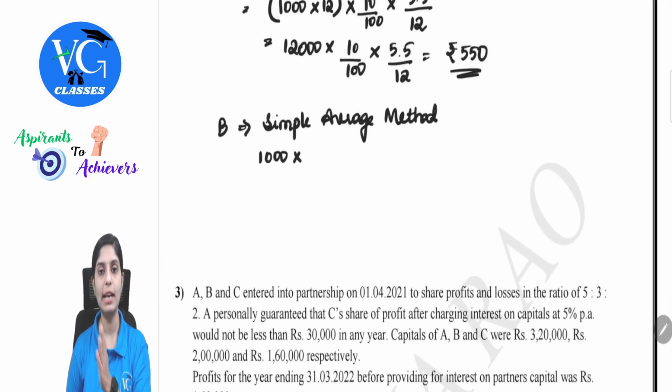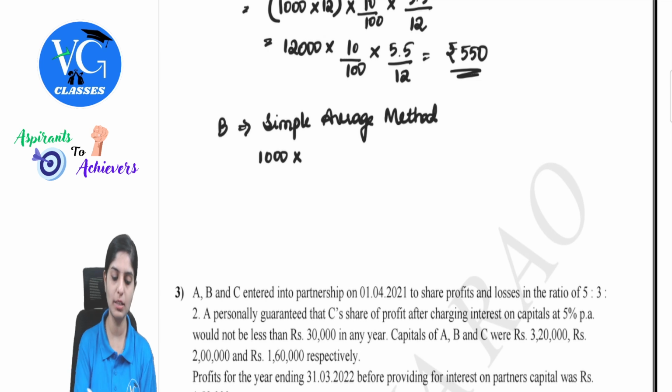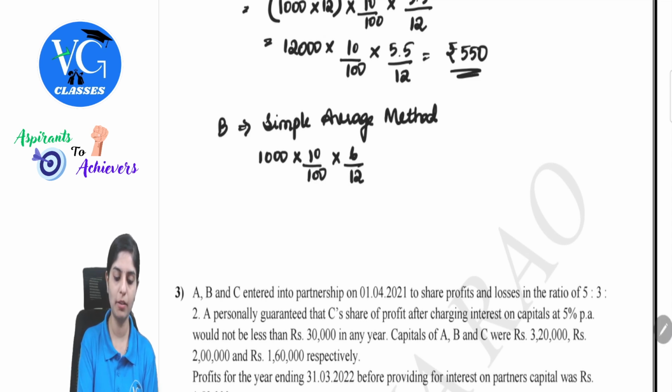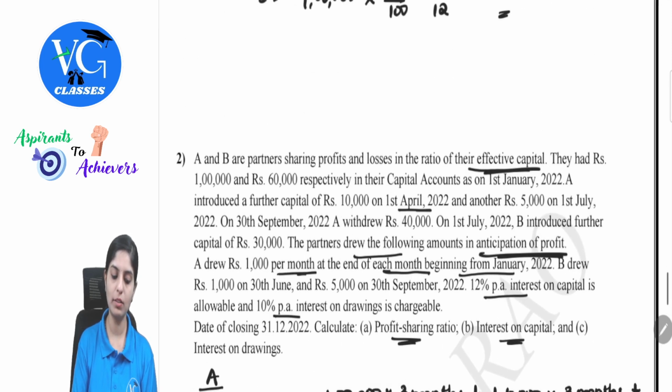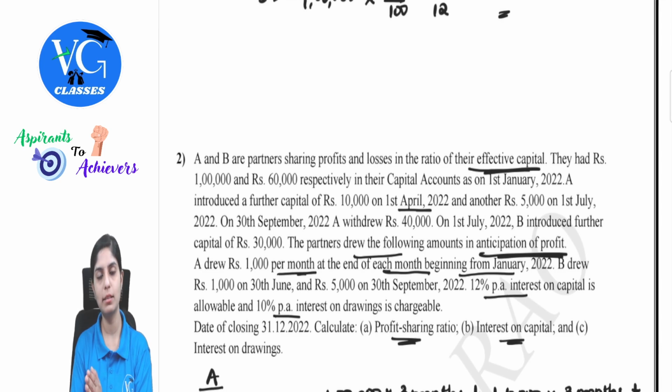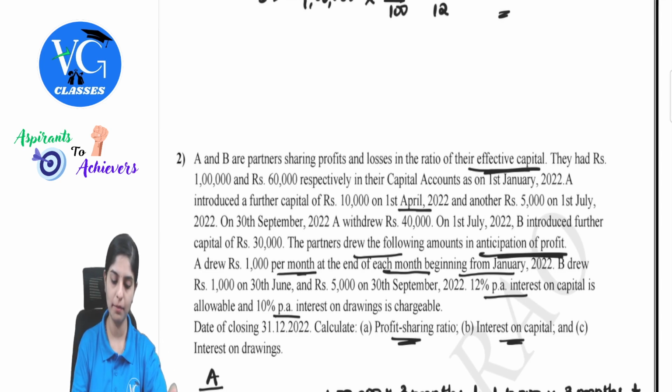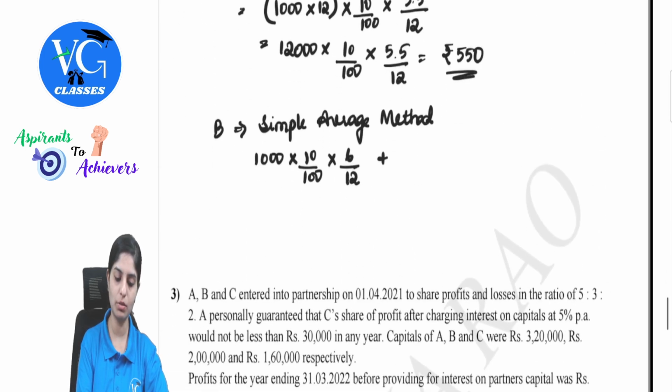From 30th June until 31st December, how many months are left? So July to December: July, August, September, October, November, December. 6 months. Rate is 10% into 6 by 12 plus 5000 on 30th September. So balance months is October, November and December. 5000 into 10% into 3 by 12.